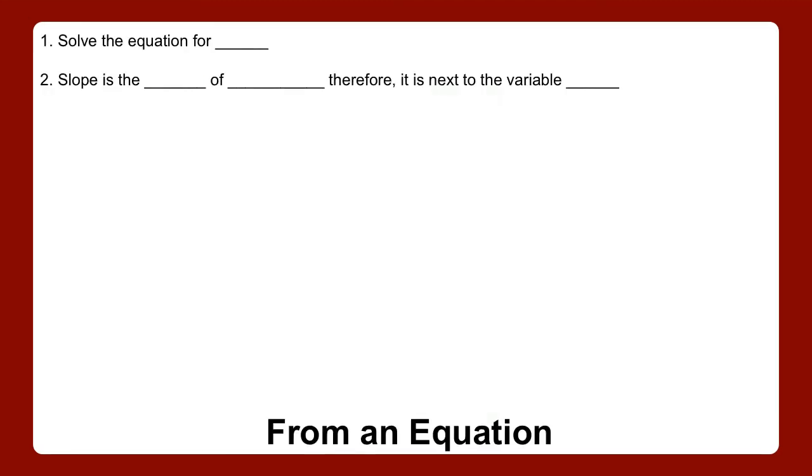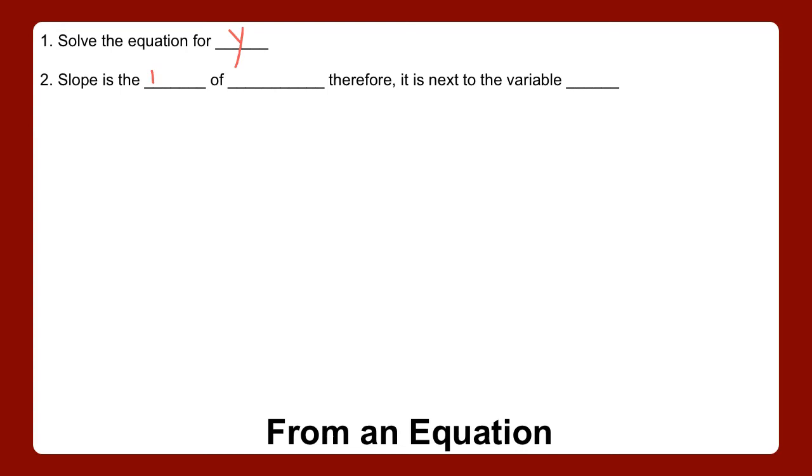In the lower left-hand box, we're going to find the slope from an equation. So we might have to do some algebra magic here to make it work out for ourselves. We are going to solve the equation for y. It may not be y equals blah, blah, blah, so we have to put it into that form.